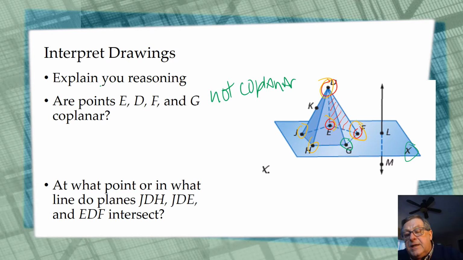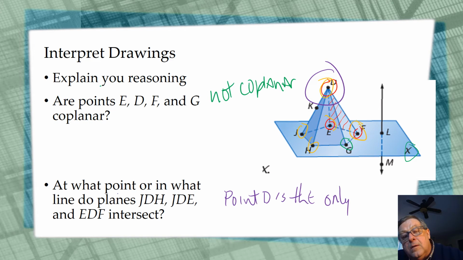But I can see here that all three of those planes intersect at point D. And we could say that point D is the only point the planes have in common, or intersect.